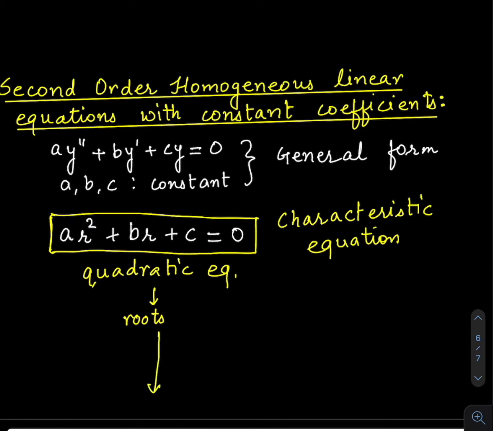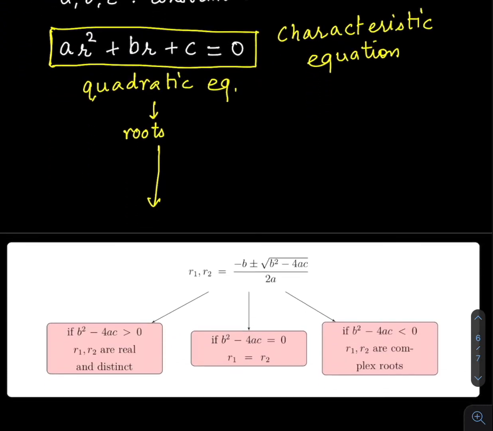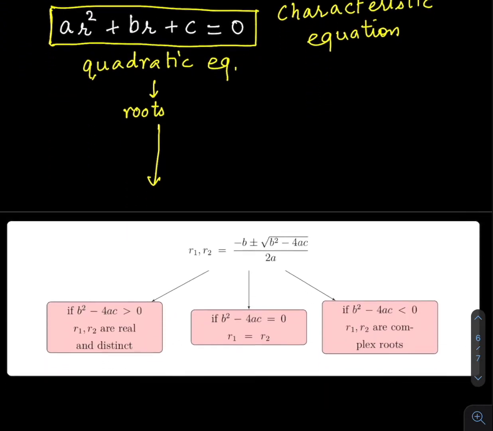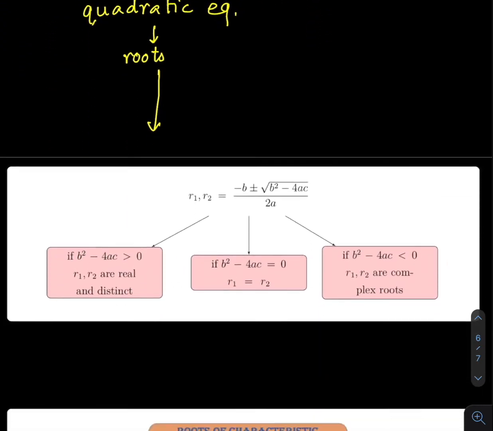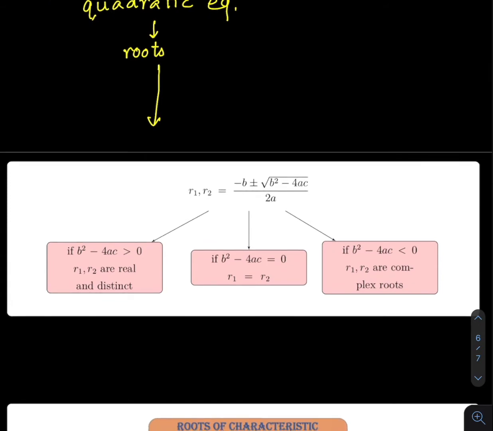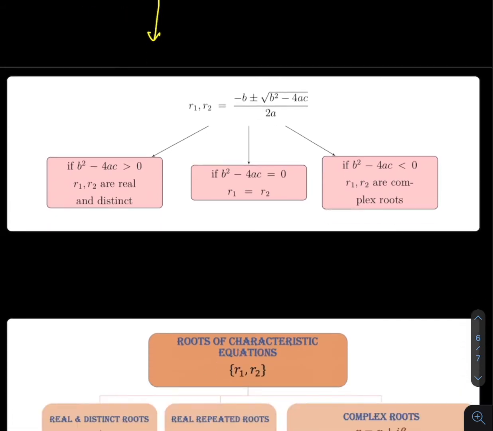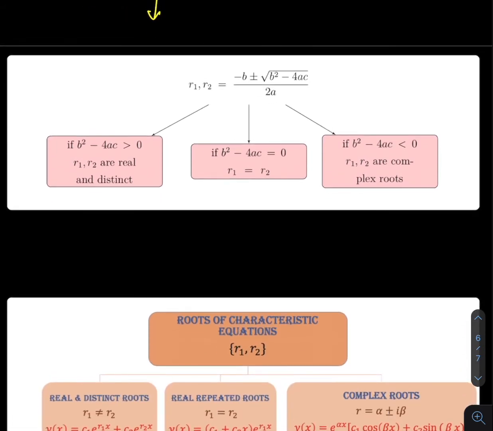And by the quadratic formula we know the roots are going to be r1, r2 equal to minus b plus minus square root of b square minus 4ac divided by 2a, and whether the roots are real or complex depends on the sign of b square minus 4ac, right?